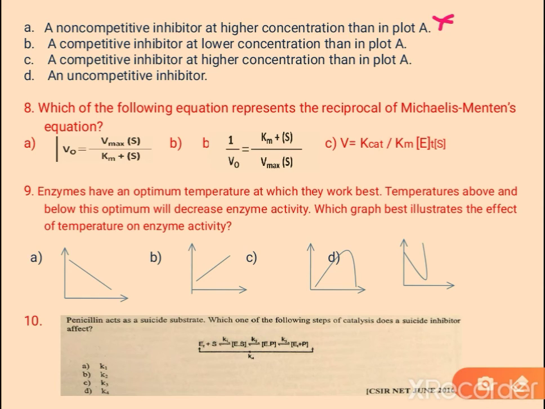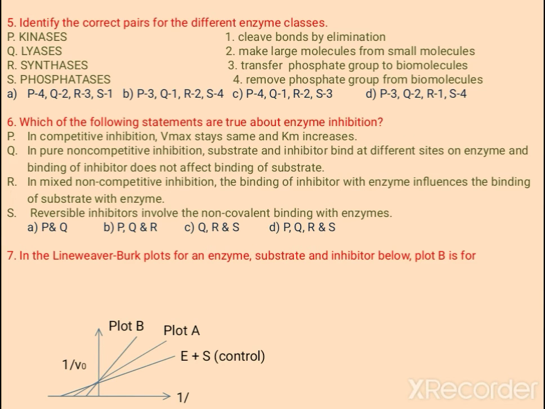The second option is a competitive inhibitor at lower concentration than in plot A. If we come back to the previous slide, then we can see that in case of plot B, the Km value is increased much more than the plot A. That means the inhibitor is present in much greater amount.